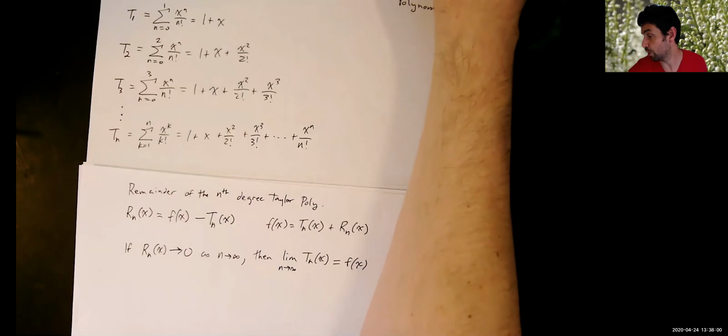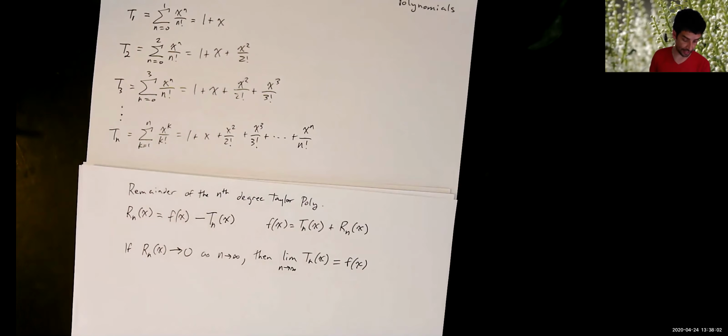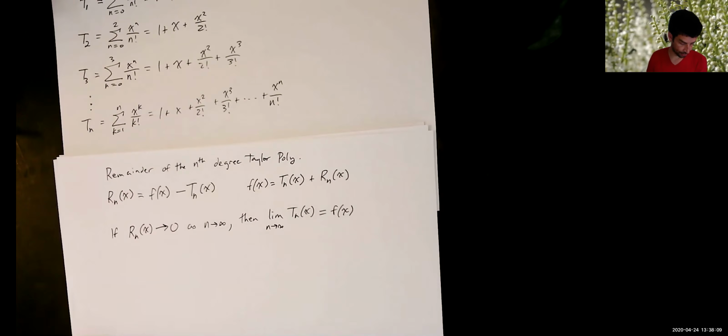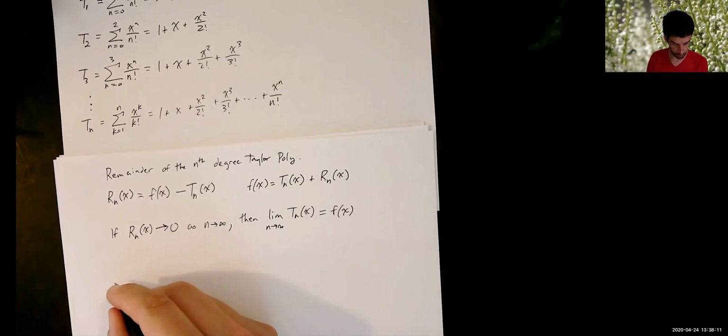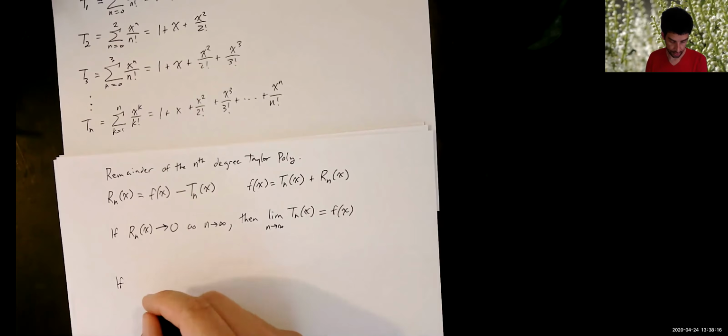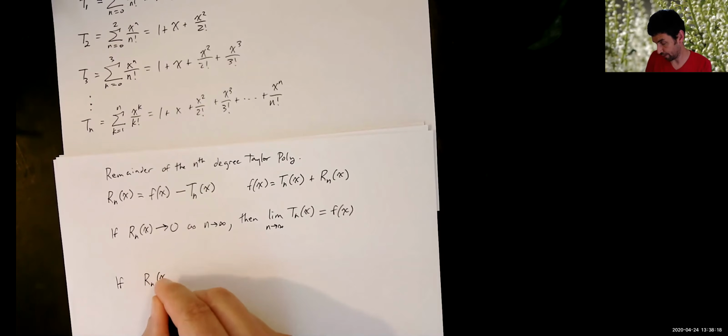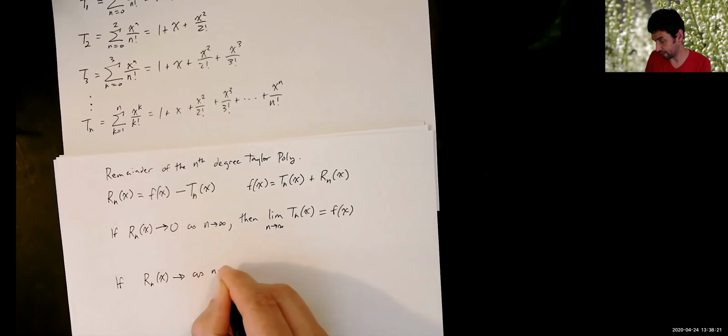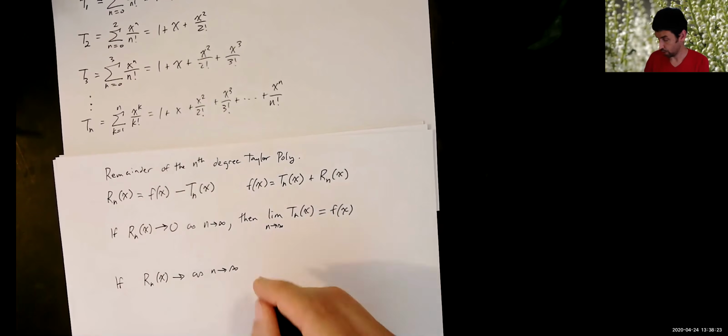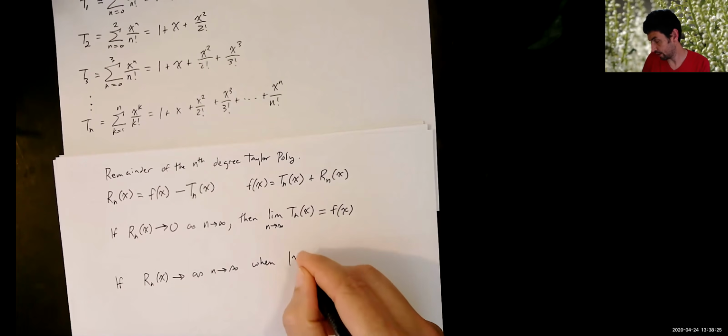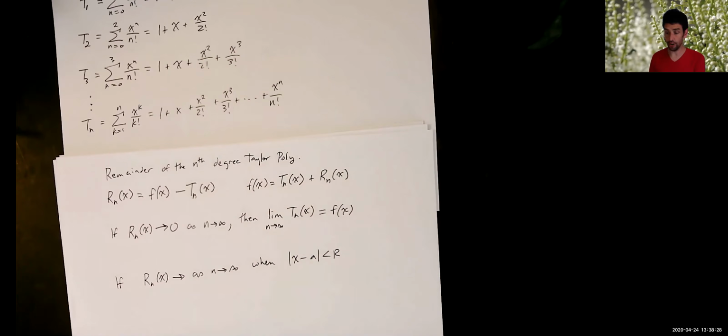So in general, this is basically the condition on having a Taylor series. Let's say it this way: if R sub n of x goes to 0 as n goes to infinity, when |x minus a| is less than r. Remember, this is our interval of convergence idea.